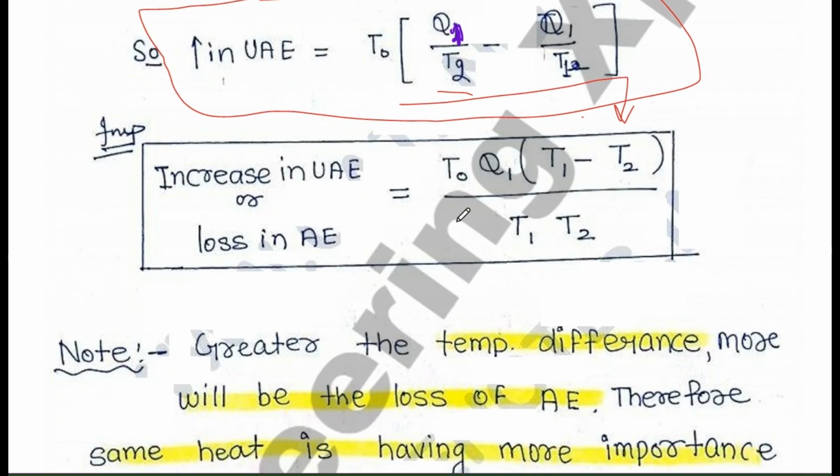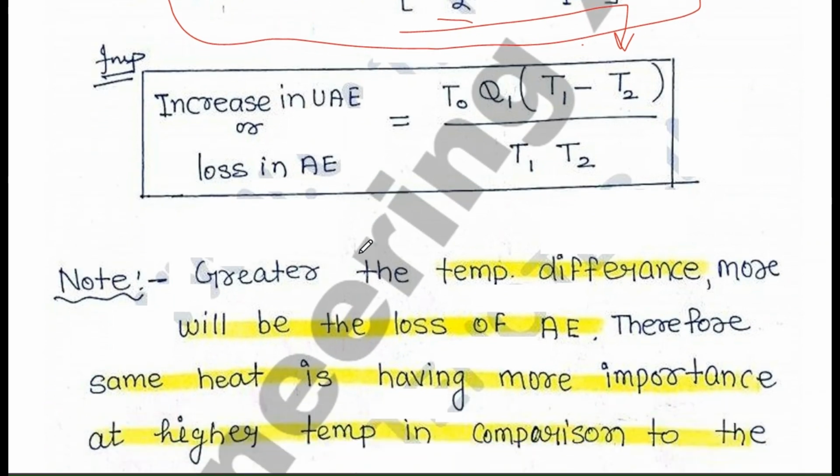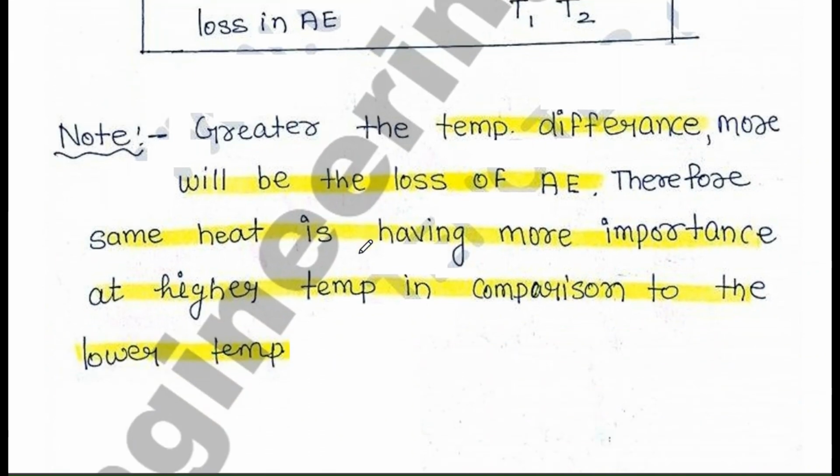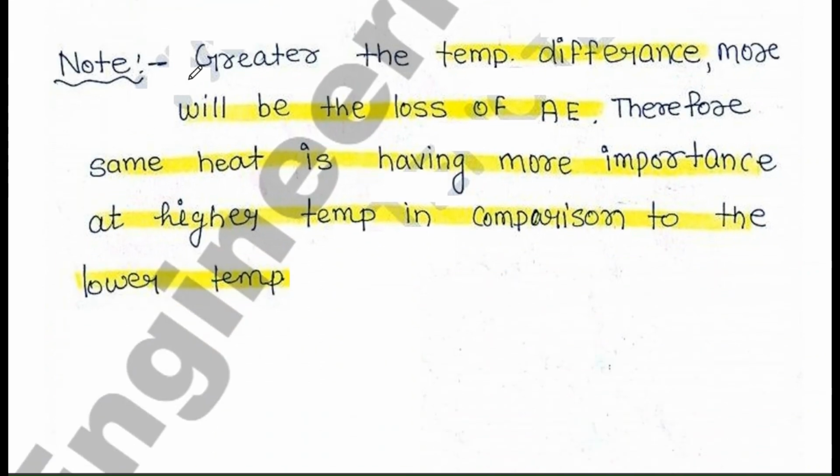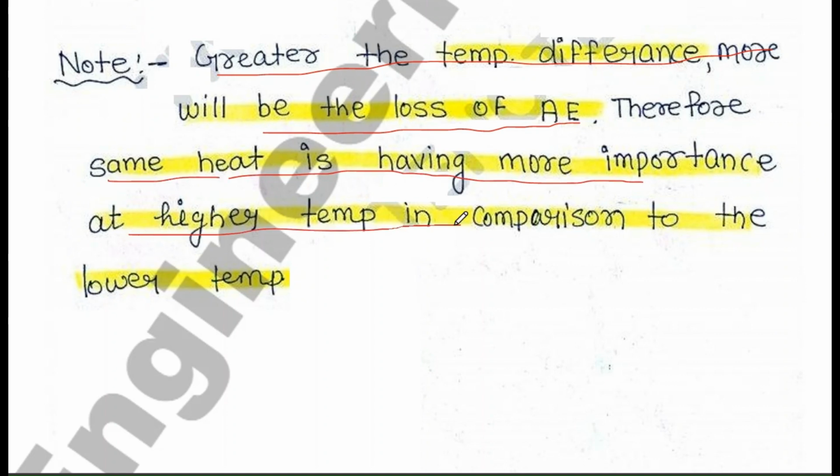So you can derive it if you have got the concept. It is important to get the concept so you can derive it also in the future. Greater the temperature difference, more will be the loss of available energy. Therefore, same heat is having more importance at higher temperature in comparison to the lower temperature.